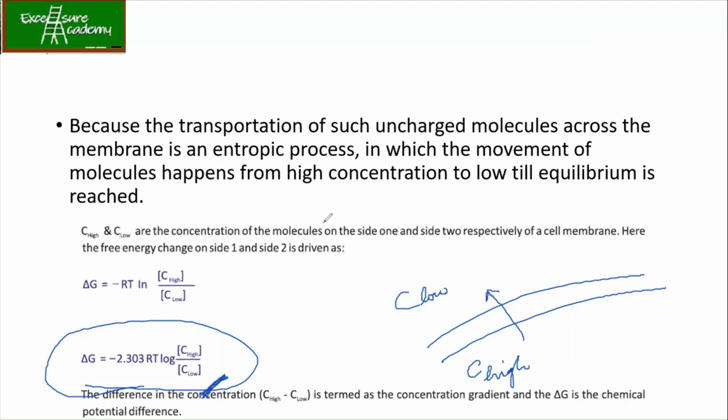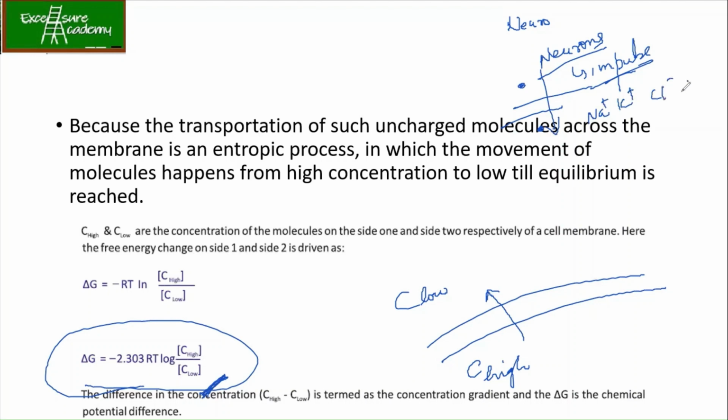Now, how does it happen? For example, neuroscientists work on neurons, and neurons give you an electric impulse. Those are nothing but the firing of the neurons, meaning they are giving you a signal. These signals are understood by the brain in order to give the response. So what is this signal, this impulse? This is nothing but the concentration difference of ions, be it Na plus, K plus, Cl minus or calcium 2 plus.